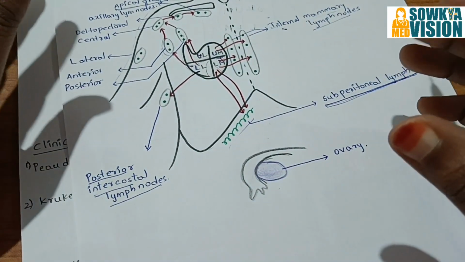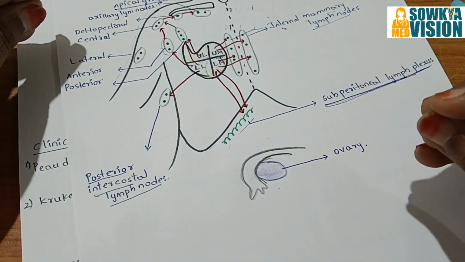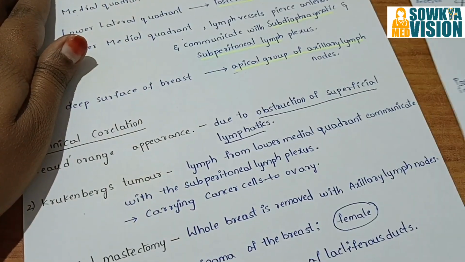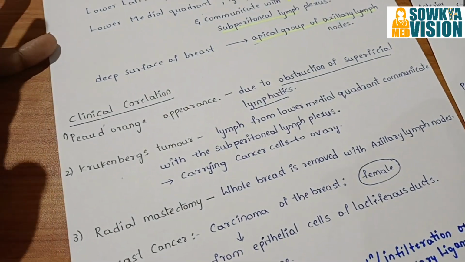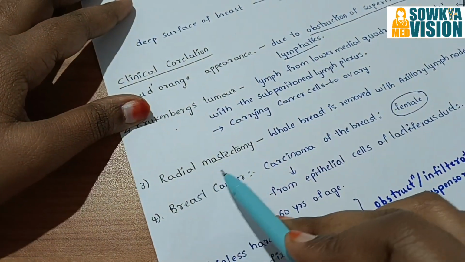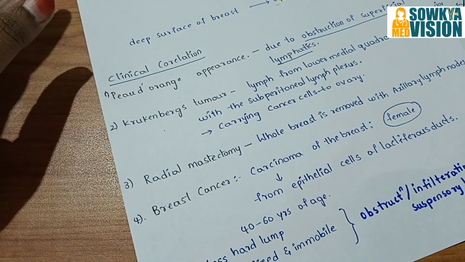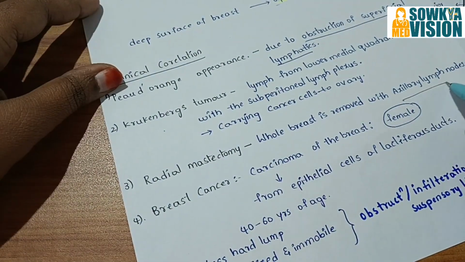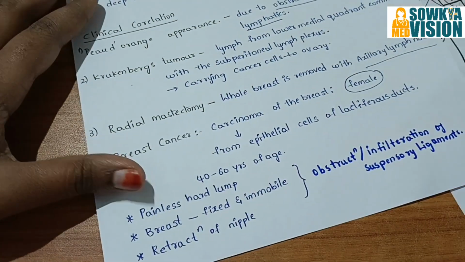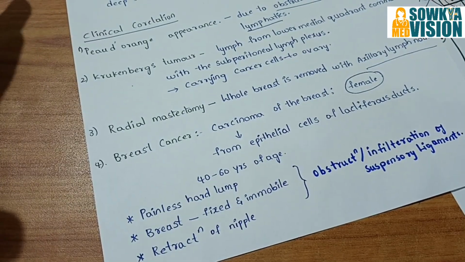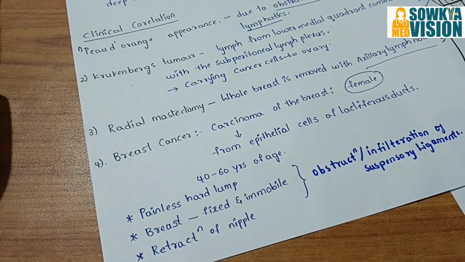The cancer cells from the breast reach the ovary through lymphatic drainage. That condition is known as Krukenberg's tumor. Next, radical mastectomy. It is complete: the whole breast is removed with axillary lymph nodes. You have to definitely write these 4 clinical correlations in any question related to breast.